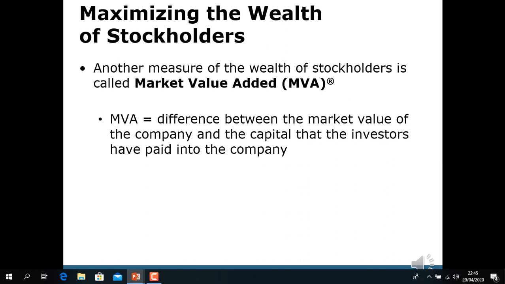So the equation of MVA is the difference between the market value of the company and the capital that investors have paid into the company, or MVA equals V minus K, where V is the market value of the company and K is the capital paid into the company.